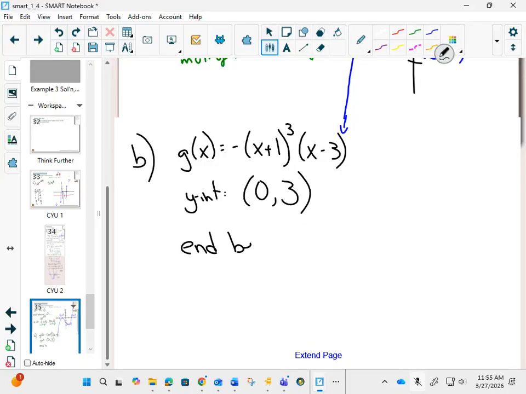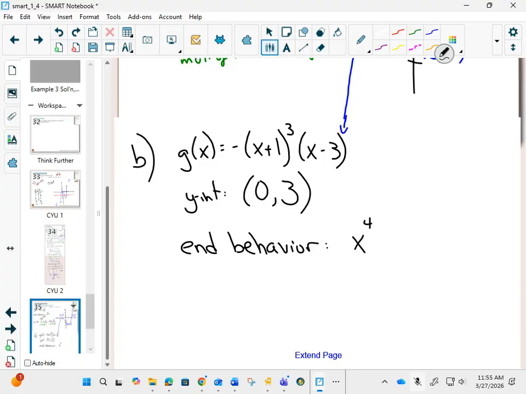This also causes some mental math issues. End behavior. Is this an x to the 3, x to the 4, x to the 5, x to the 6? What graph is this? How many x's would there be? Well, this x cubed would give me x cubed, and another x here, x to the 4. And then what's the coefficient in front?